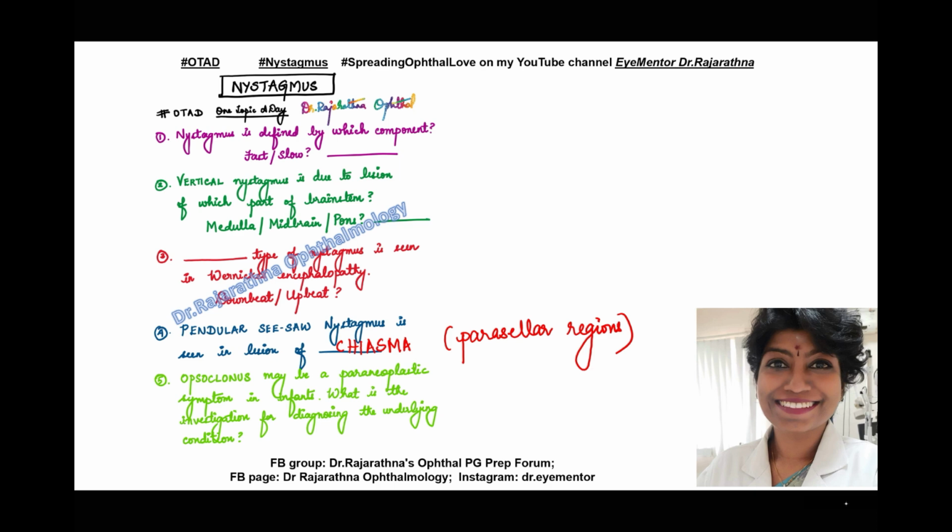So what is this seesaw nystagmus? Now let me demonstrate this pendular seesaw nystagmus for you. So what happens is, one eye goes up and the other eye goes down. Now the eye that goes up intorts and the eye that goes down extorts. And then the reverse thing happens. So this comes down and extorts and this goes up and intorts.